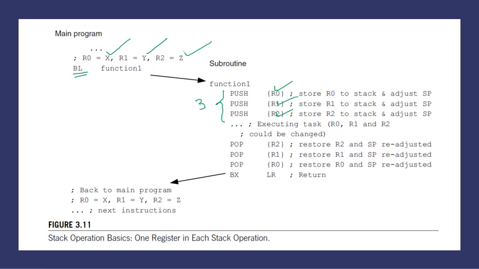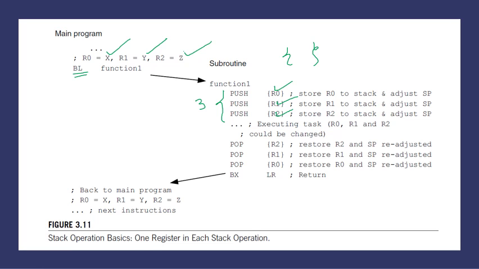For push and pop operations, you should use the curly brackets. What does push R0 do? It will store the R0 content to the stack, and it will also increment the SP to the next location. Similarly, it is pushed three times.